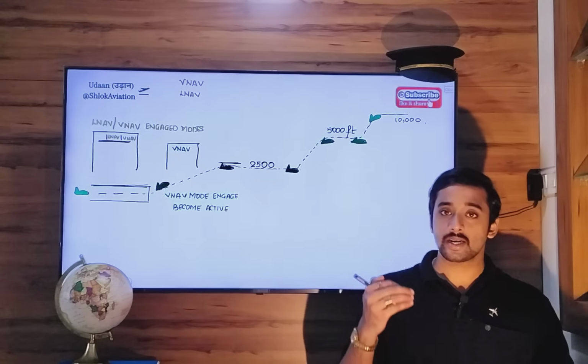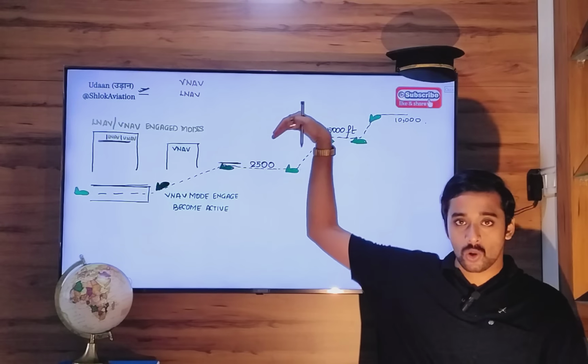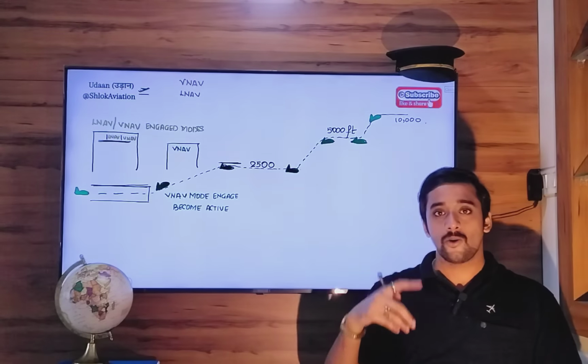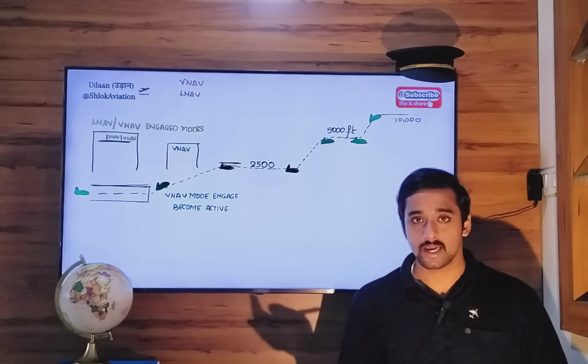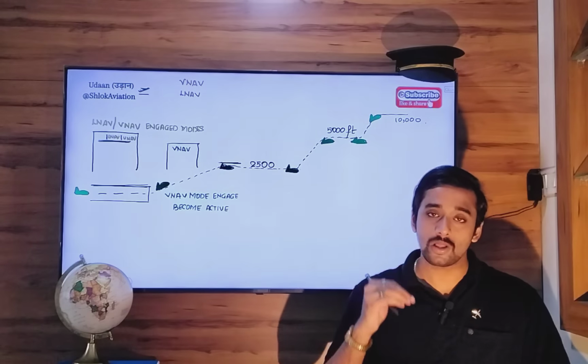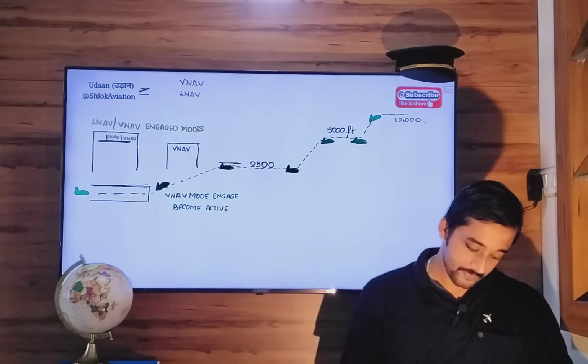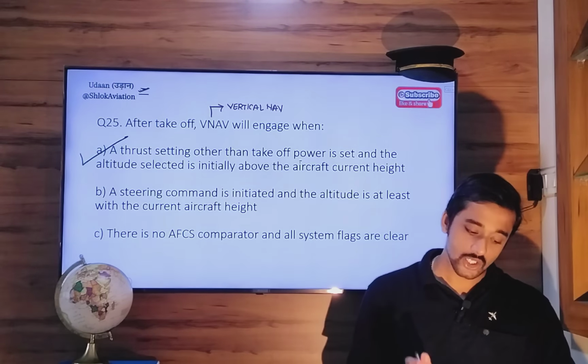Always, the altitudes that you are going to fly towards must be higher than your previous or current altitude. Only then will this VNAV mode be engaged. In your descent, the vertical constraint altitude will be below the altitude which you are currently flying. So a thrust setting should be other than takeoff.